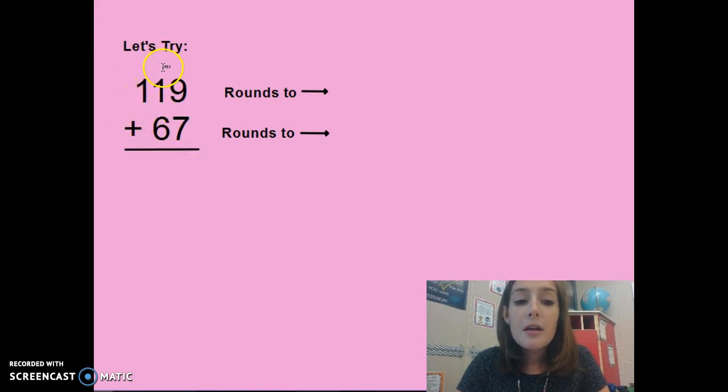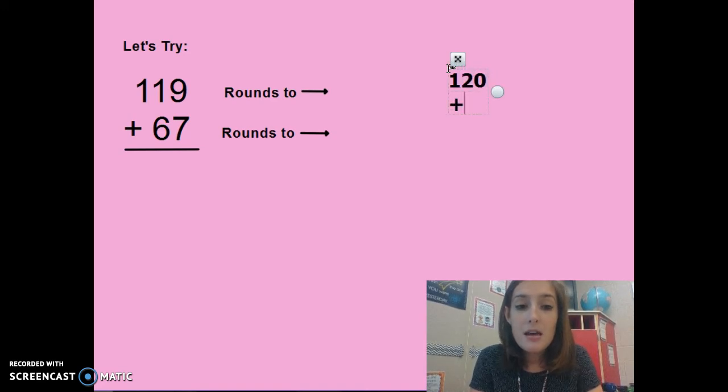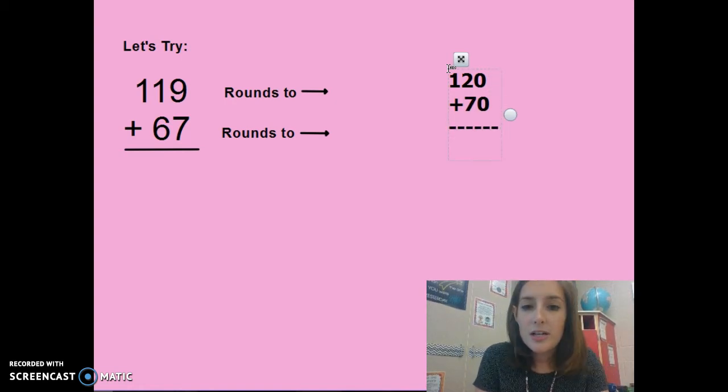So let's go ahead and round to the nearest ten. So 119 would become 120. 67 would become what? 70. So now instead of solving 119 plus 67, we could easily solve 120 plus 70.